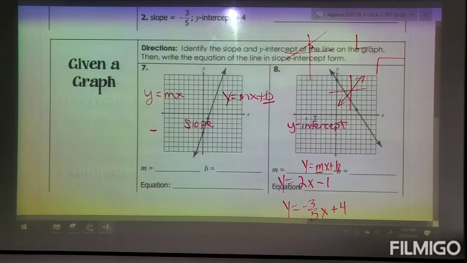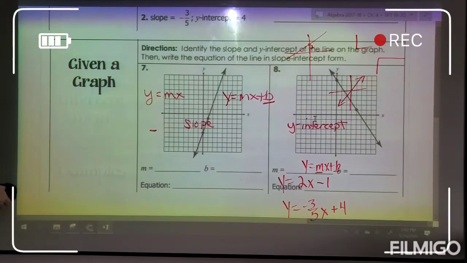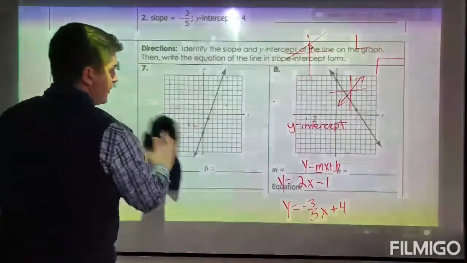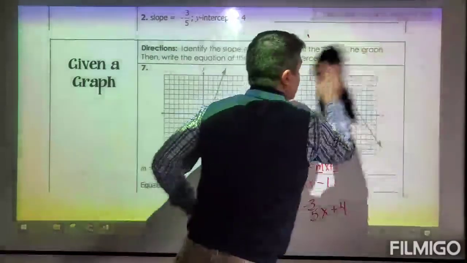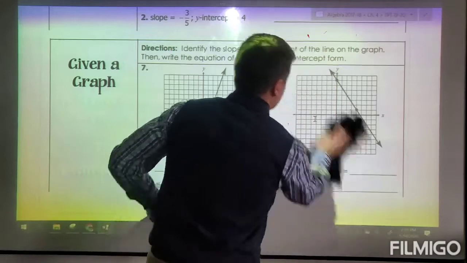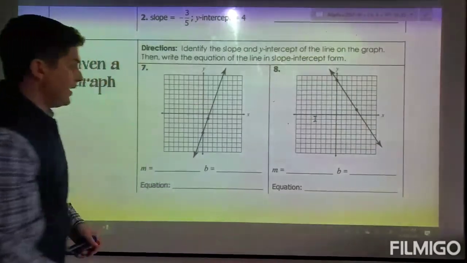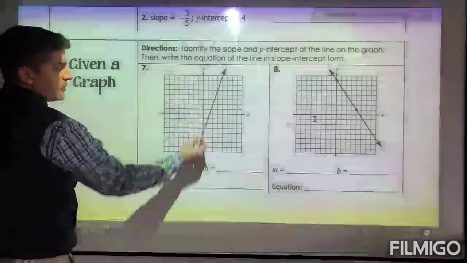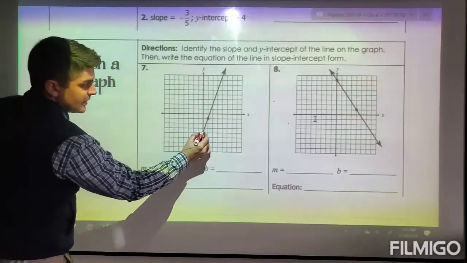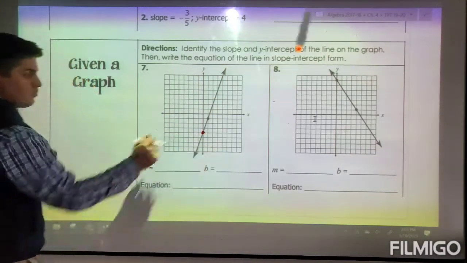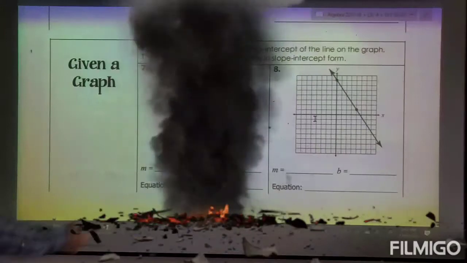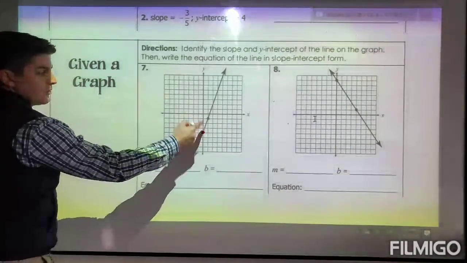And the last part of it here, when you're given a graph. Well, when you're given a graph and there's a line that is graphed, we need to figure out where does this line hit the y-axis, and it hits it right here. Right there. And that point is 1, 2, 3, 4.